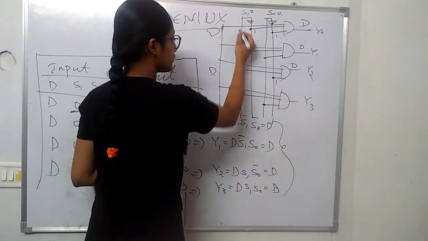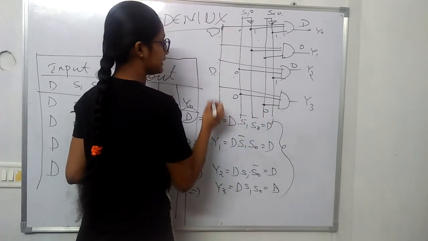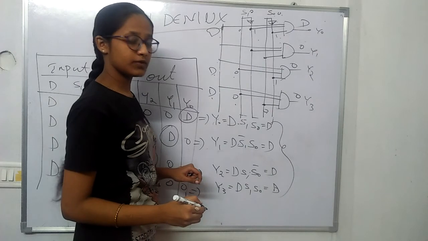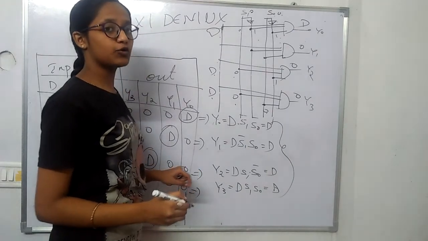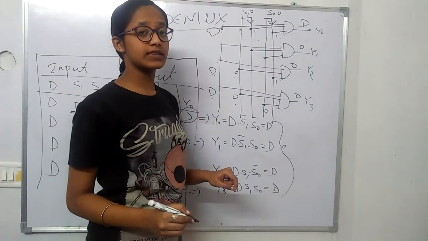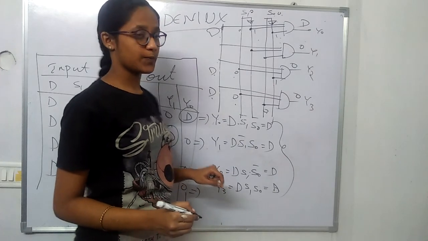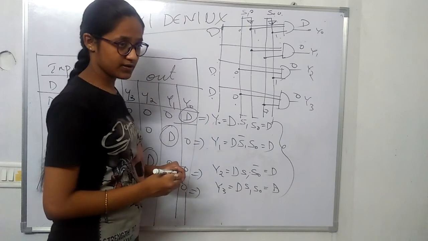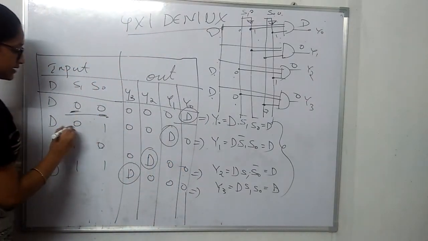Here it is given 0, so D into 0 into 0 is 0. We get data only at Y0, as we have given the selection lines 0, 0. So for 0, 0 selection lines, data at Y0. Satisfied. The same goes for 0, 1, 1, 0.